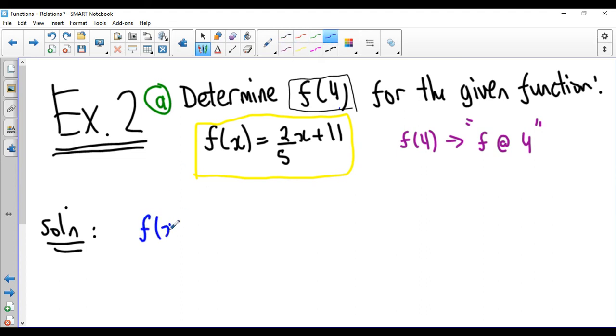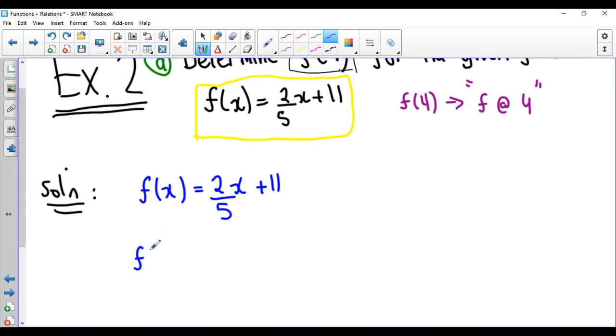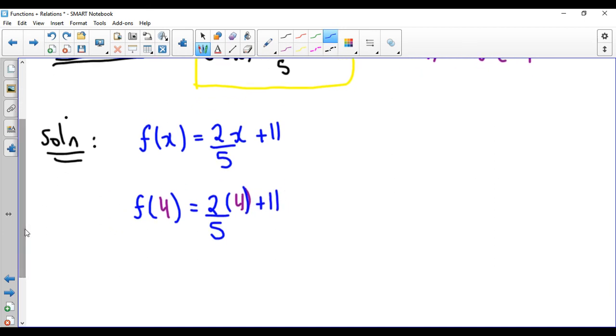So let's write that out. f of x equals 2 over 5, x plus 11. And then, what's the input? The input here is 4. So I'm going to plug in 4 wherever I see an x. Now there's a 4 in there, and then all I do is perform the operations that are in this function.